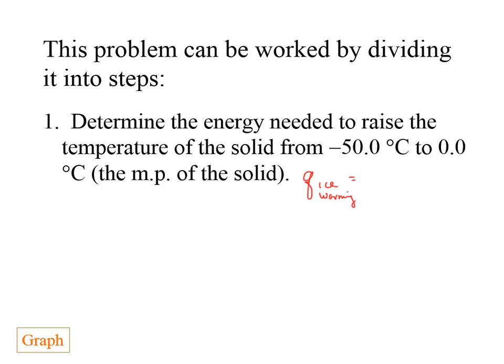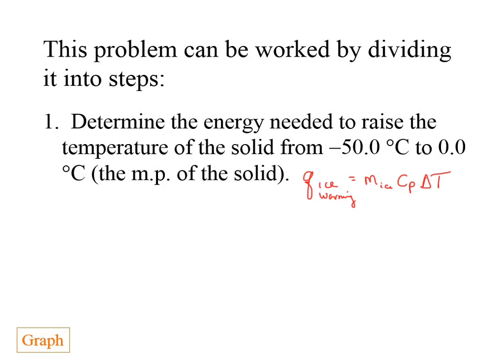The more descriptive you can be in your subscripts, the better off you are, is equal to the mass of the ice that's warming, m c sub p delta t, basically. Okay, so that's what we're going to do to get it up to that melting point temperature.